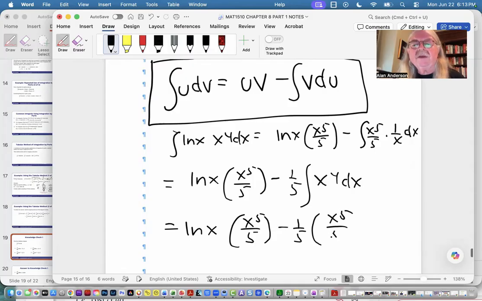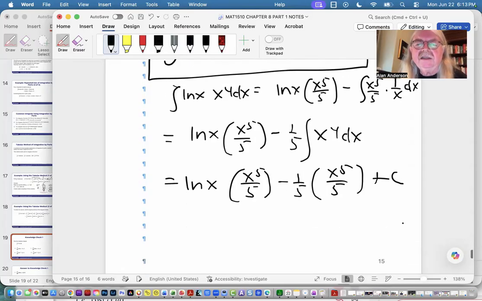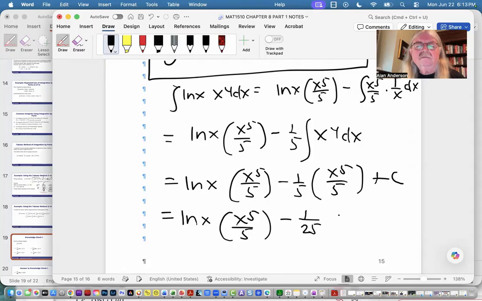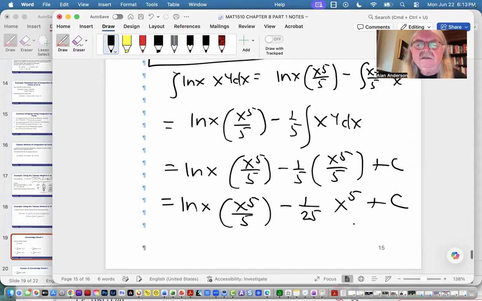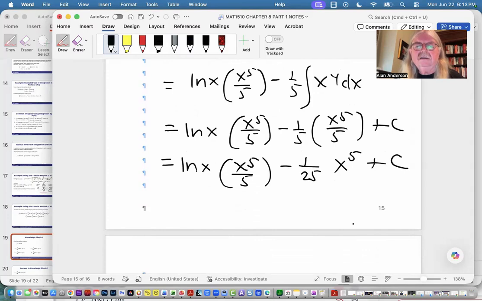And of course, here we use the power rule. And we will need the c. All right. So that's it.